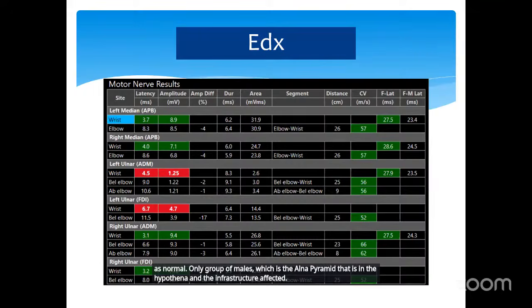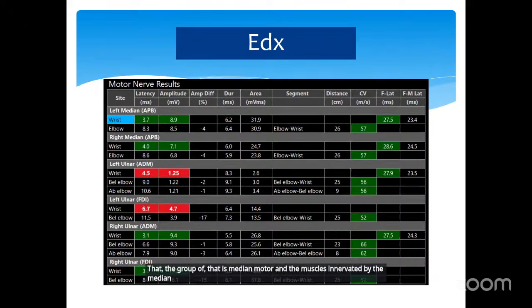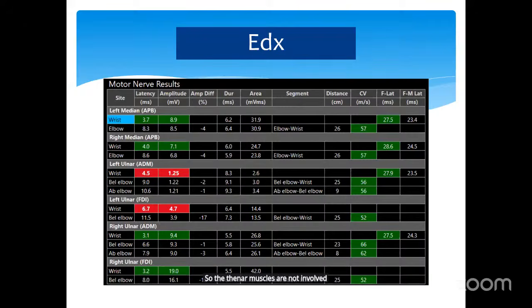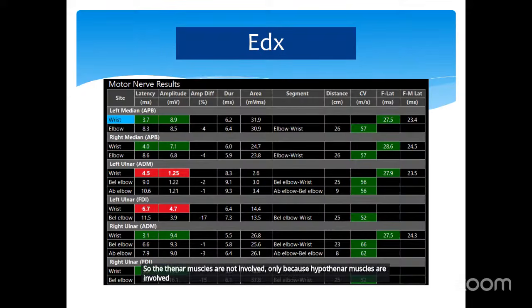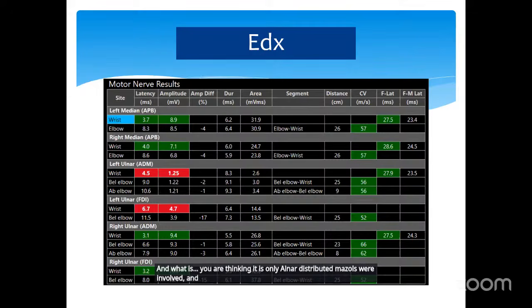So you are saying that the muscles innervated by the median nerve were not involved in this patient, and the thenar muscles are not involved, only the hypothenar muscles. In addition to the sensory being intact in the forearm, you are not thinking of a medial cord lesion. Only the ulnar distributed muscles were involved, and the sensory being not involved is the odd finding in this patient.